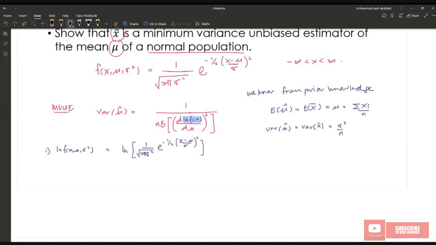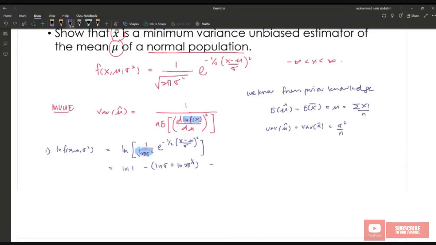Right? So this one should be ln 1 minus ln sigma only. This is the second part, I want to solve for this one first. Plus ln of 2 pi to the power of half. So this is the second part.